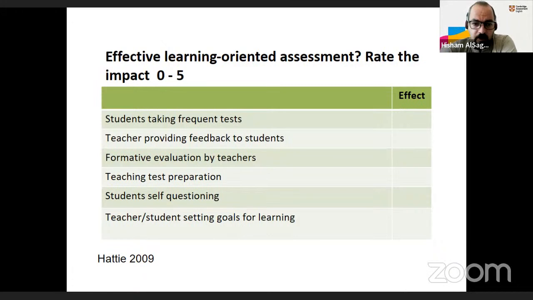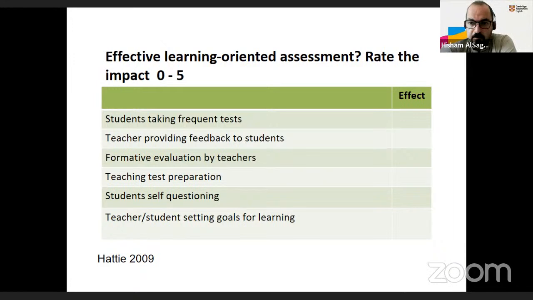We gave them 6 statements: students taking frequent tests, teachers providing feedback to students, formative evaluation by teachers, teachers' test preparation, students' self-questioning, and finally teacher-student setting goals for learning. We asked the respondents, the teachers, to rate the impact from 0 to 5. The sample was large enough to help us generalize the results.